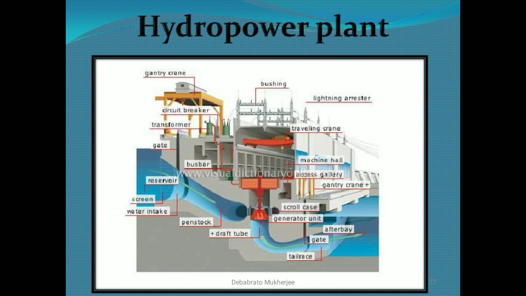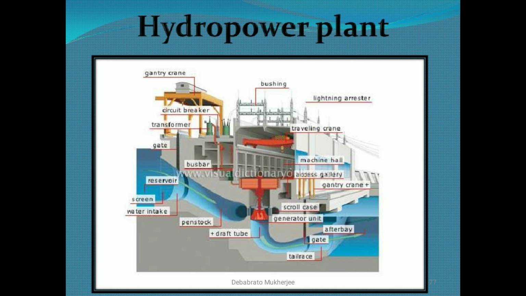From here, whatever power is generated is fed to the transformer over here, and there is a circuit breaker. Whenever there is a power supply, it is tripped so that it can be given to the grid.